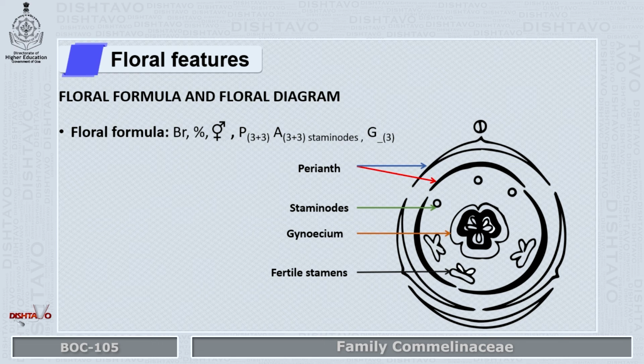Moving on to the floral formula, these flowers are bracted. So these are the bracts. We denote bracted like this. They are zygomorphic. They are bisexual. Perianth is 3 plus 3. You can see 1, 2 and 3, and the inner whorl 1, 2 and 3.